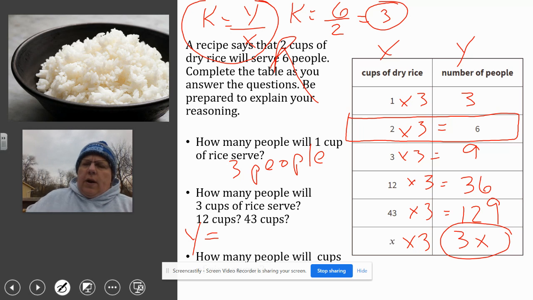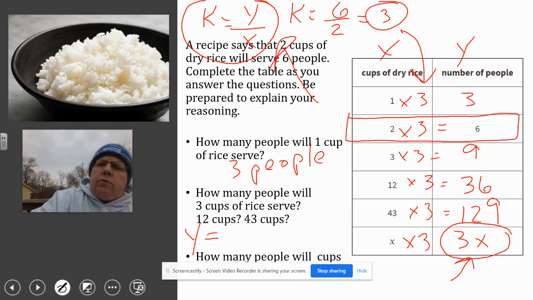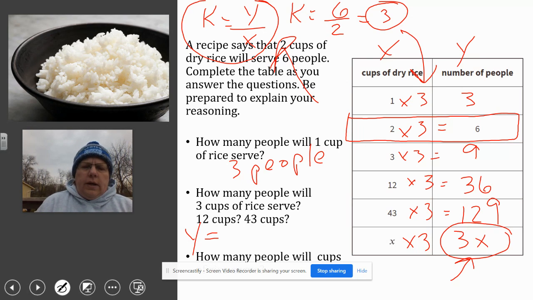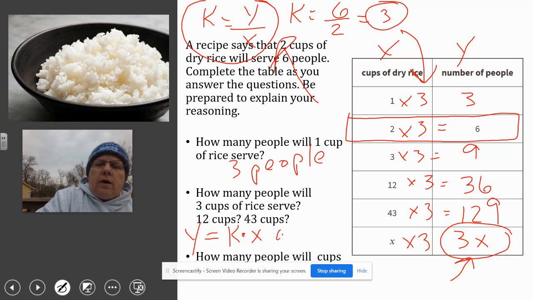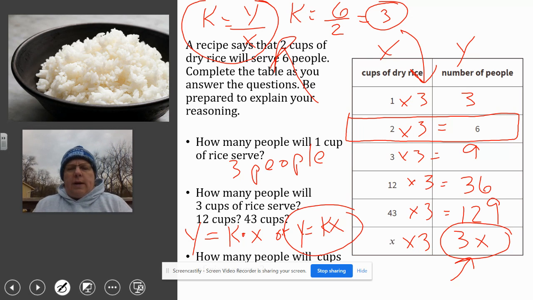And so I know that I can find my y value if I take x and I multiply it by my constant of proportionality. And we just said that k equals 3 all the way throughout our table. And so in this case, I would have y equals my constant of proportionality, my k, times x, or y equals kx. And that could be my formula at all times.